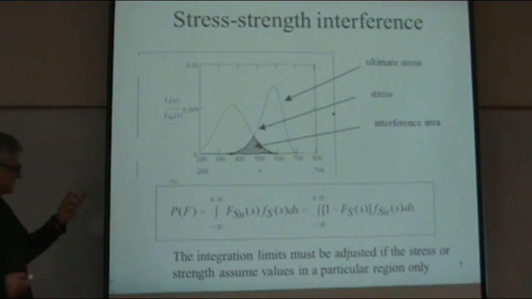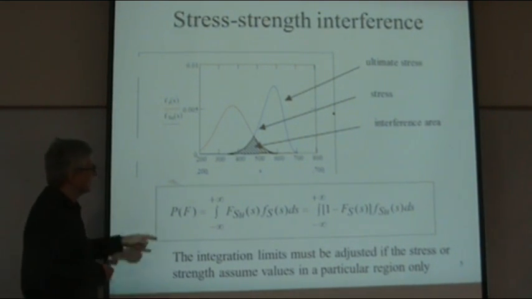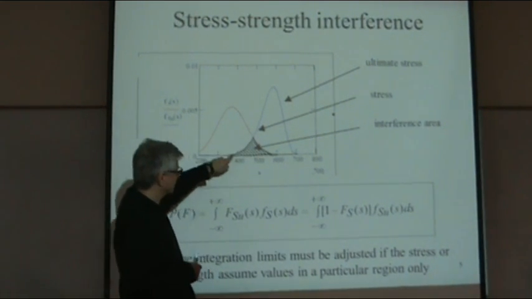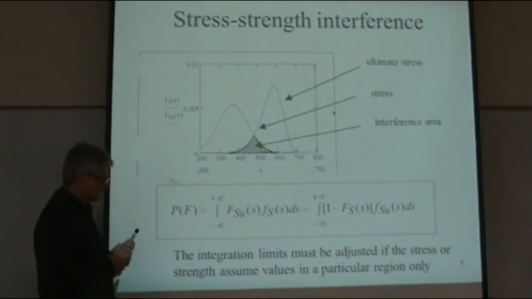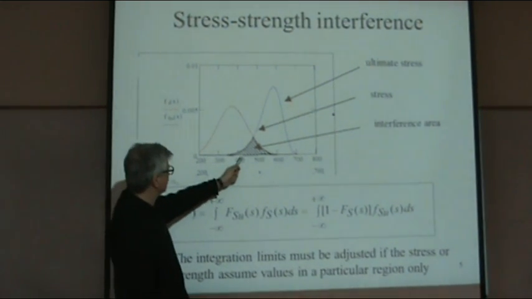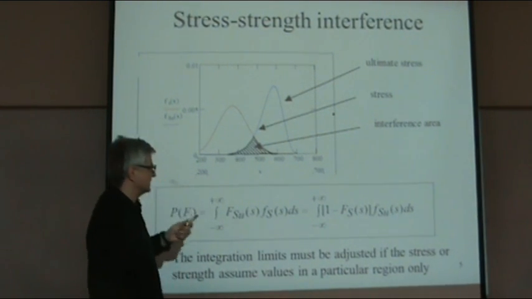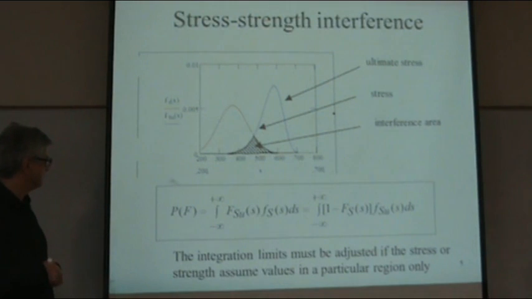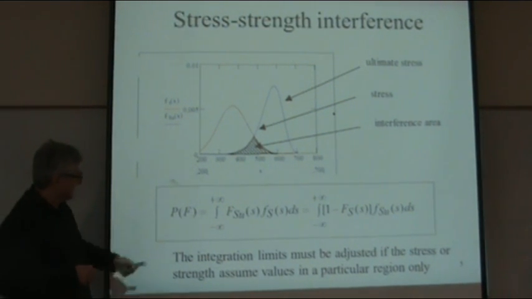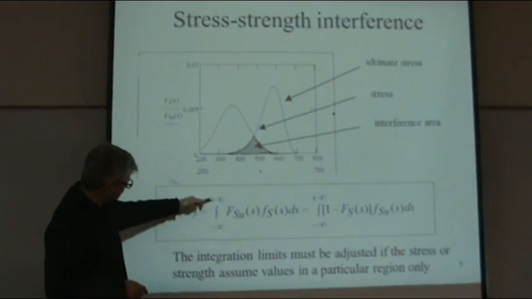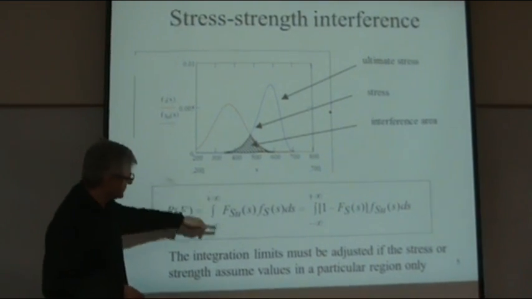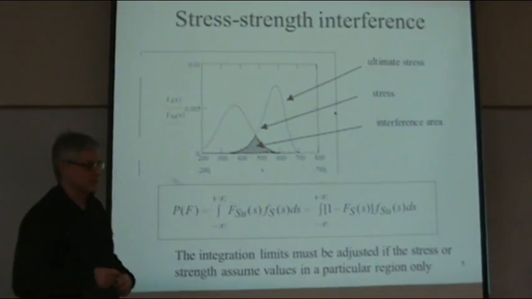Okay? That doesn't mean that the probability of failure is this area, as we said. But any point here corresponds to a scenario that leads to failure. The probability of failure is given either by this equation or equivalently by this equation.